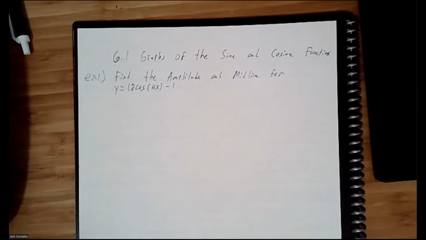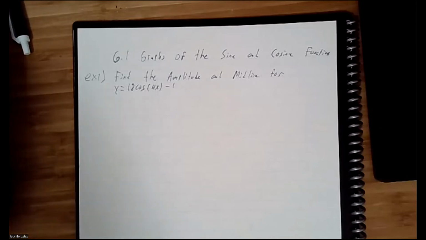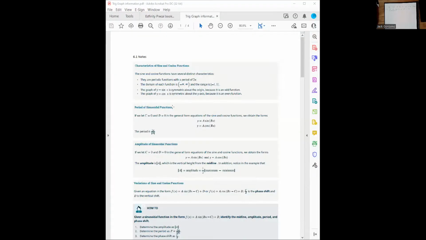6.1. What you're mainly going to need is this PDF that I made you. Let me find it. Here we go. So number one says to find the amplitude and the midline.